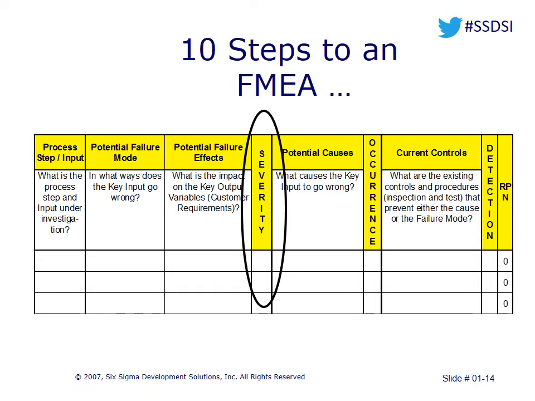As we implement in organizations, we turn those very generic scales into that company's wording, that company's verbiage, so that as they're using this FMEA, they know exactly what that rating is, because it talks directly to their discipline, what their company does. And that's very important when you have an FMEA, to define those scales specifically in your discipline.